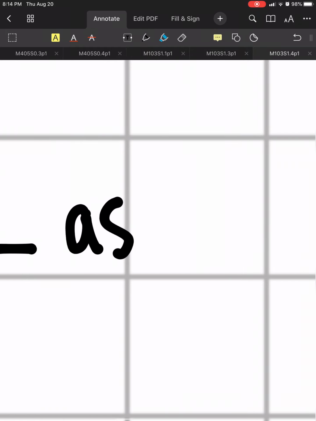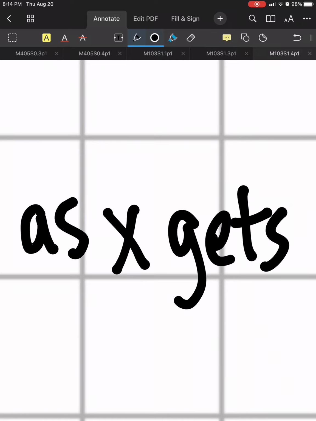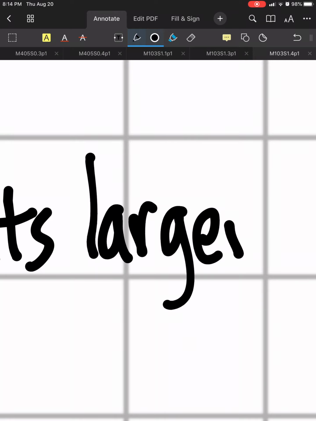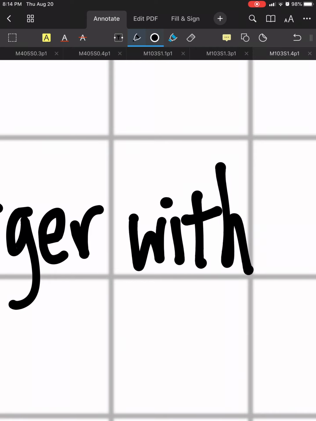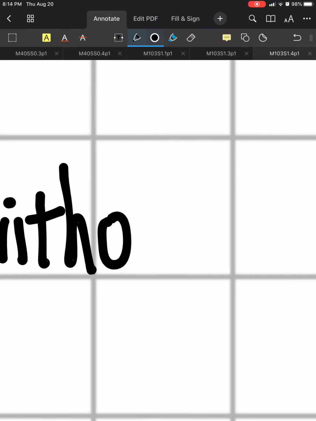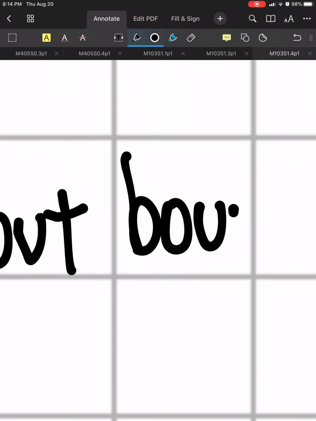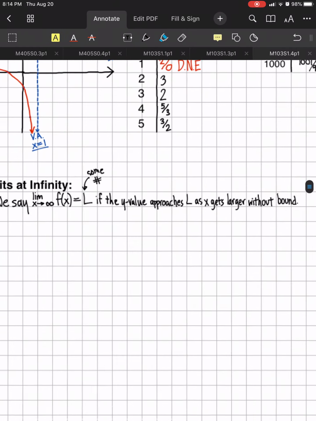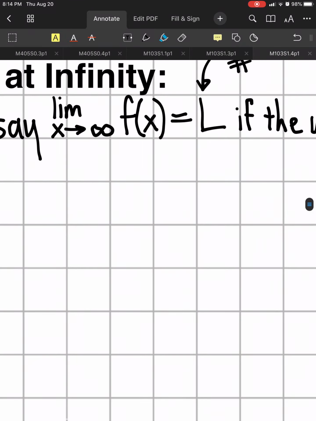So the y value gets closer to L as x gets larger and larger without bound. Okay, so that is what we mean by the limit as x approaches infinity of f of x is L.